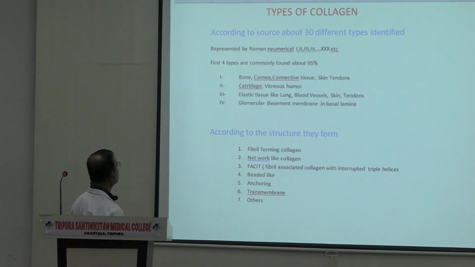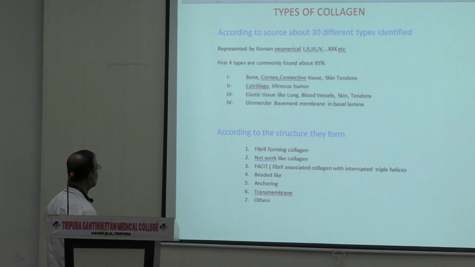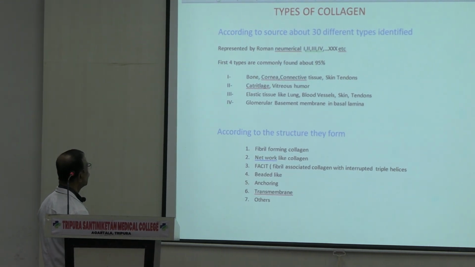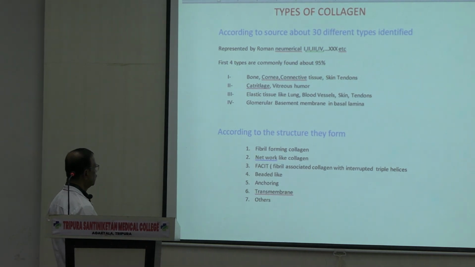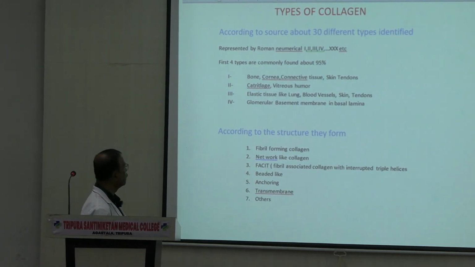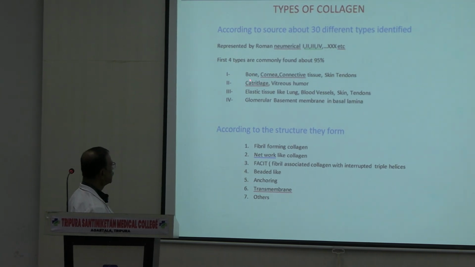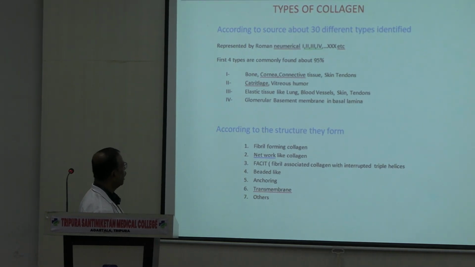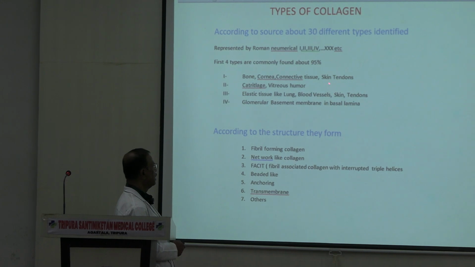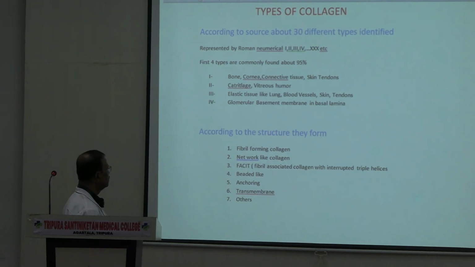Now, depending on the source, these 4 types of collagens are very important. Collagen type 1 is present in bone, cornea, connective tissue, skin, tendons, cartilage.